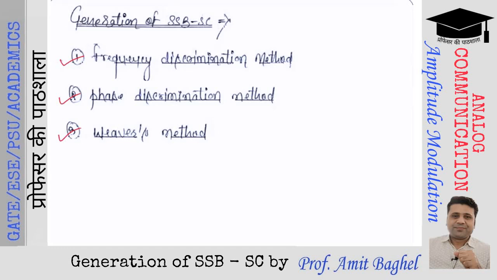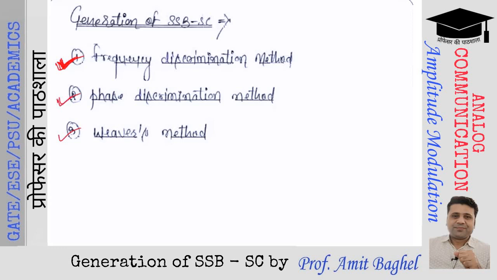So when we are going to analyze the signal in frequency domain and we are operating over the frequency region, then the method that we are going to apply is the frequency discrimination method. In the frequency discrimination method, we generally work in the frequency domain with the help of a filter to generate the SSBSC signal.